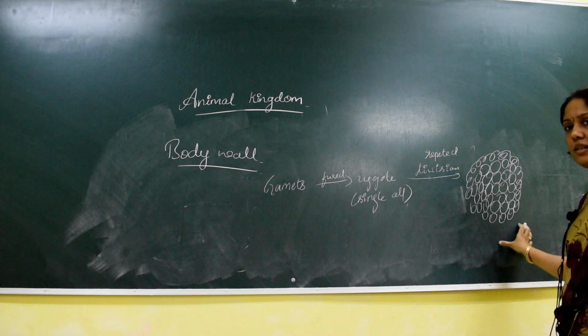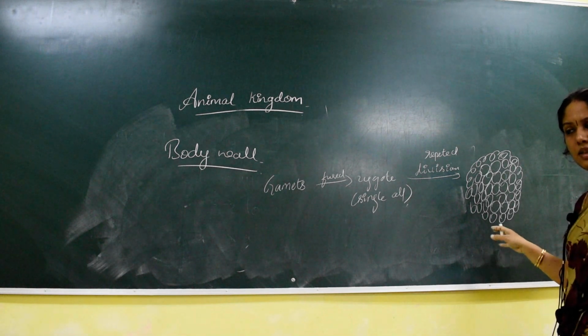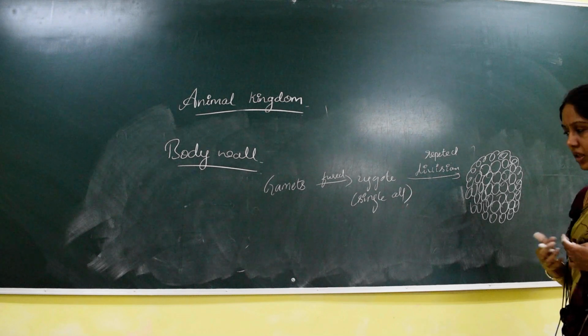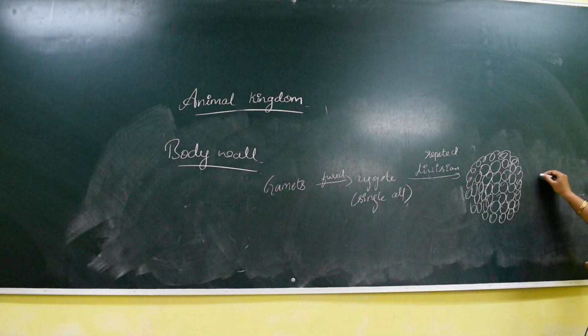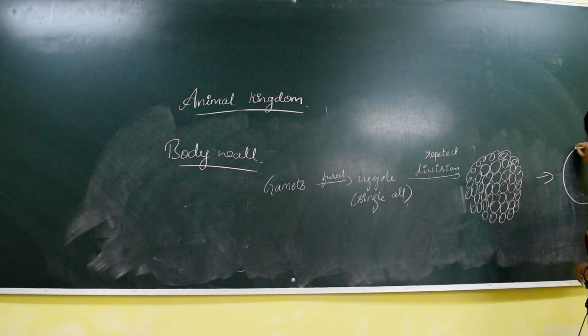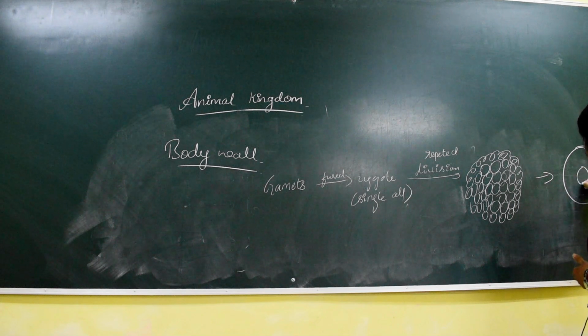Now these cells are arranged. If they are arranged in two layers, outer layer and inner layer, this is the inner layer and this one is the outer layer. That type of organisms are called diploblastic.